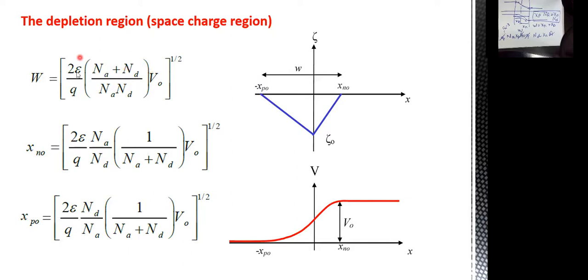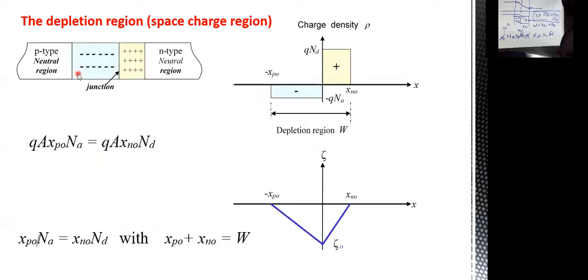Because you have this W equation, but you have another two equations, this one and this one. So knowing NA and ND, and knowing that XN plus XP equals W, you can easily calculate XN and XP because these are two other equations. So these are the only two equations in this lecture that I will request you to memorize.